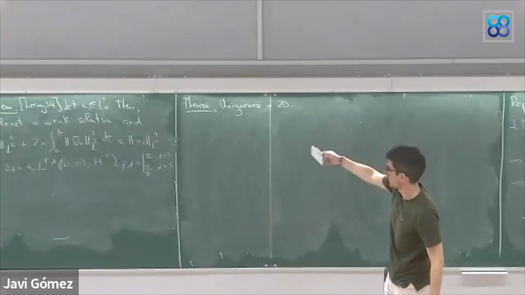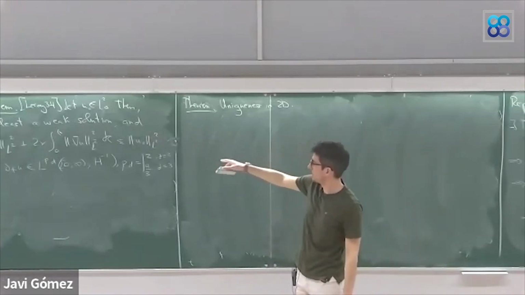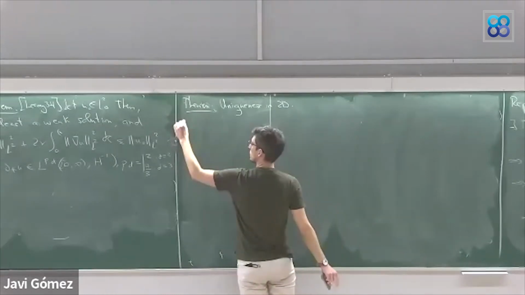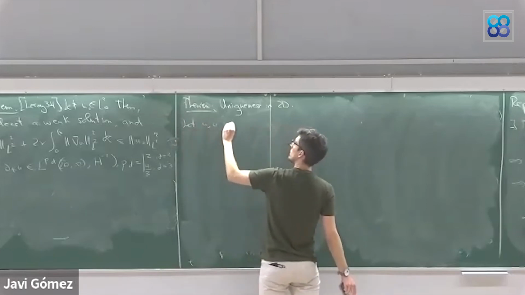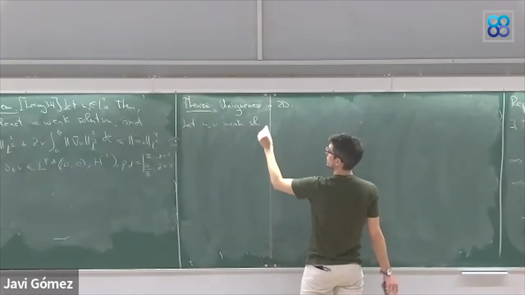Well, the statement is the same. Take u0 and then assume there are u and v, weak solutions with initial data u0.